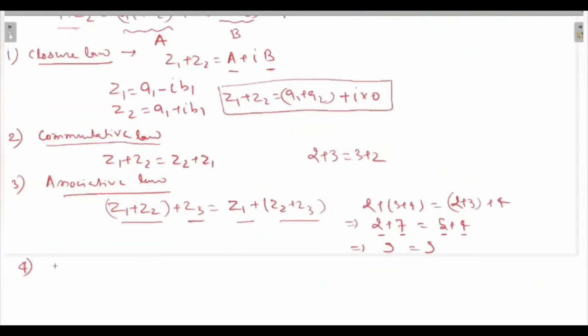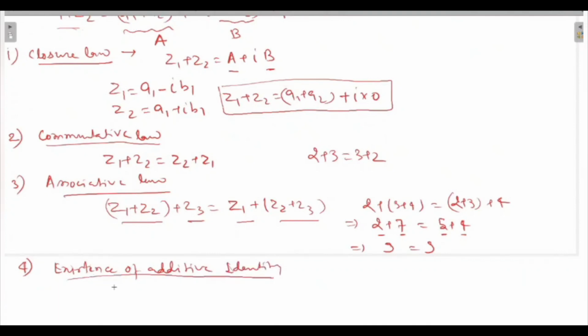After the associative law, there is a rule called existence of additive identity. Essentially it means that there is an existence of a zero.